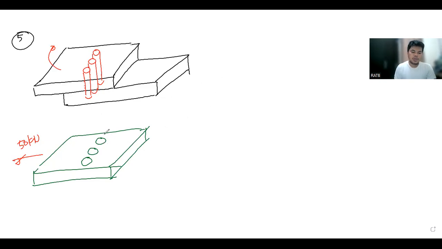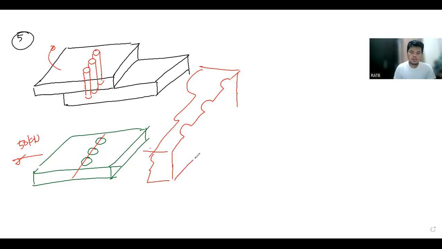If we cut the rivet into half, you will see that it will look like this one. So this would be somehow the illustration.